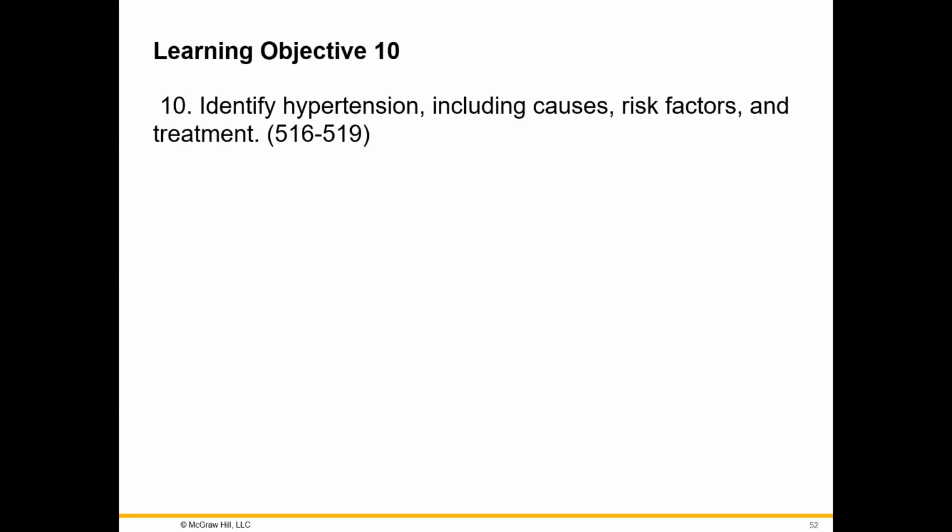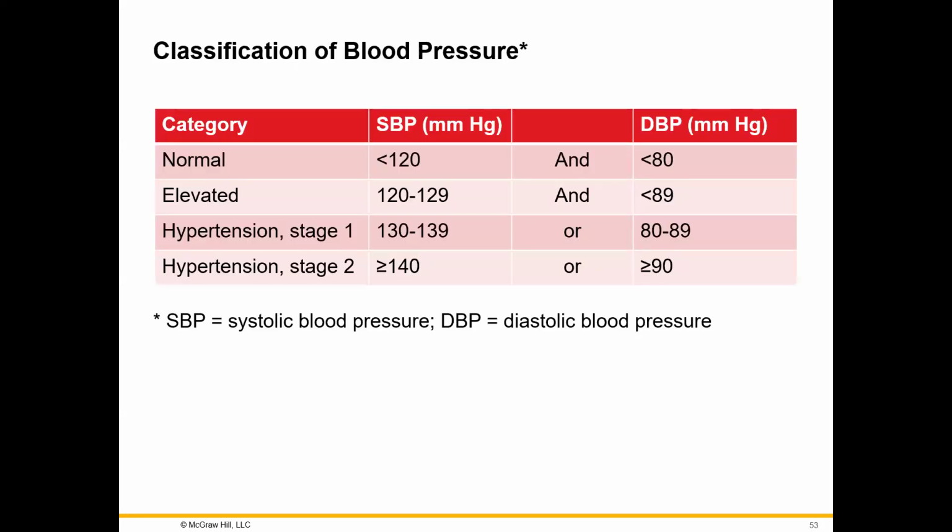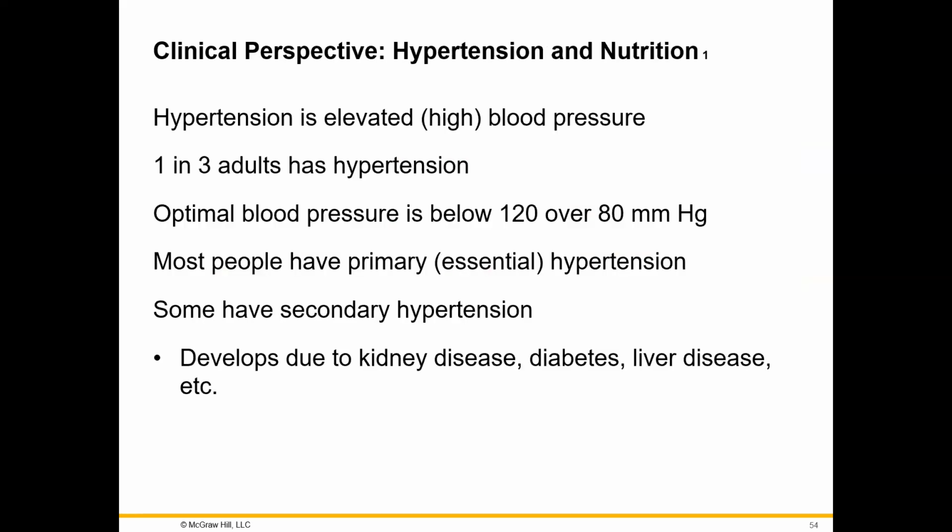All right, now we're moving on to our second to last objective, number 10. Okay, here is how we classify various blood pressure levels. And it's important to note here that normal blood pressure is anything less than 120 over 80. If you are above that number, 120 over 80, we classify that as hypertension, and 1 in 3 adults have this.